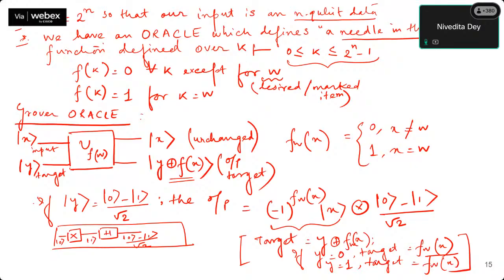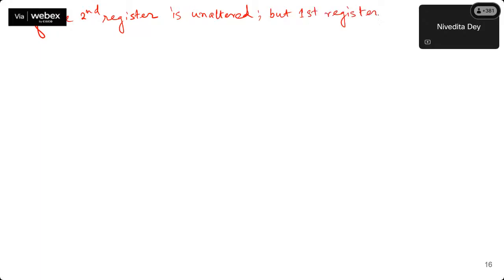Now, the second register, which is |0> minus |1> by root 2, is unaltered, but my first register has a phase dependency of plus 1 or minus 1.